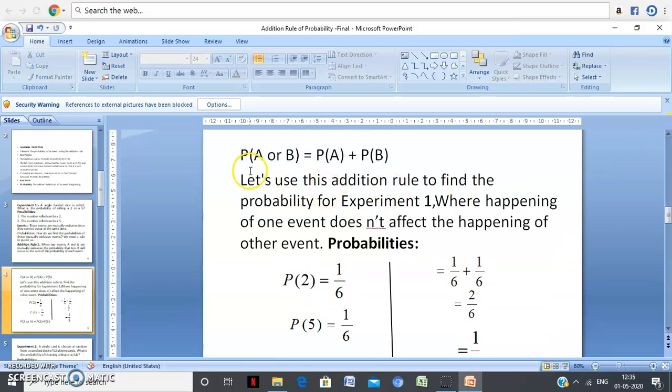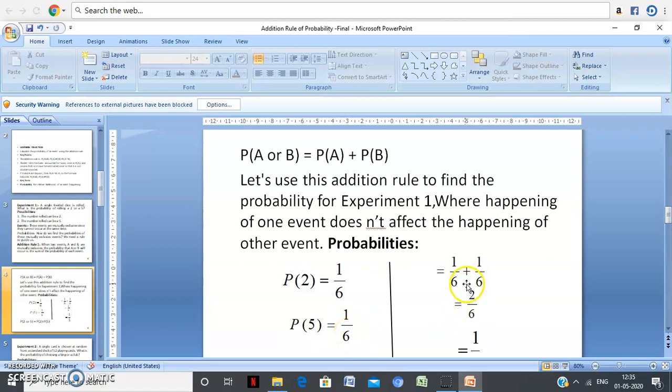Here, probability of A or B equals probability of A plus probability of B. Let's use this addition rule to find the probability for experiment 1, where the happening of one event does not affect the happening of the other. Probability that it is a 2 is 1 by 6 and probability that it is a 5 is 1 by 6.